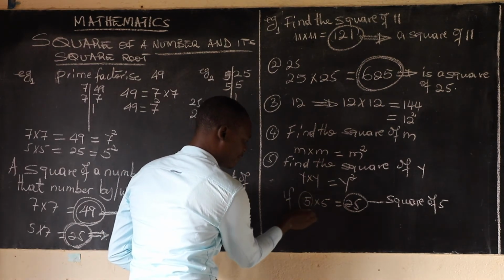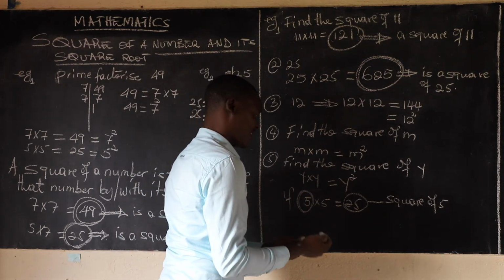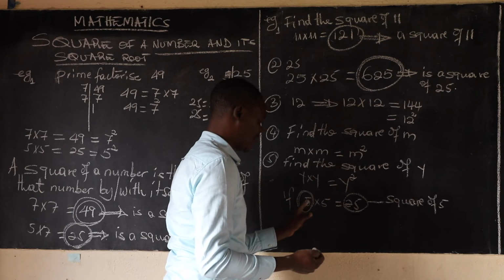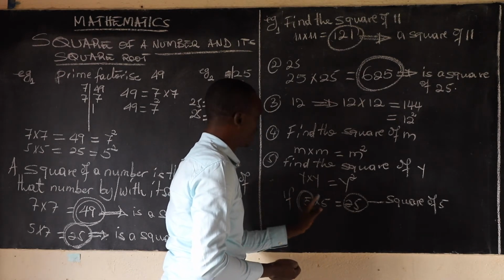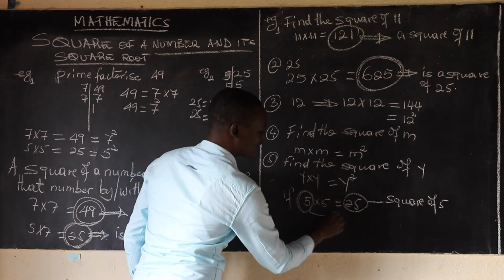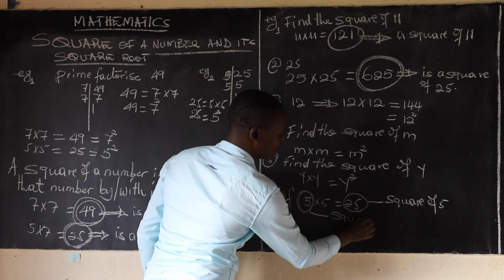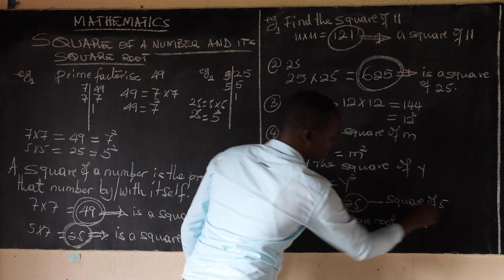This 5, I consider it once because no difference between 5 and 5, they are the same. Now it's known as the square root of 25.